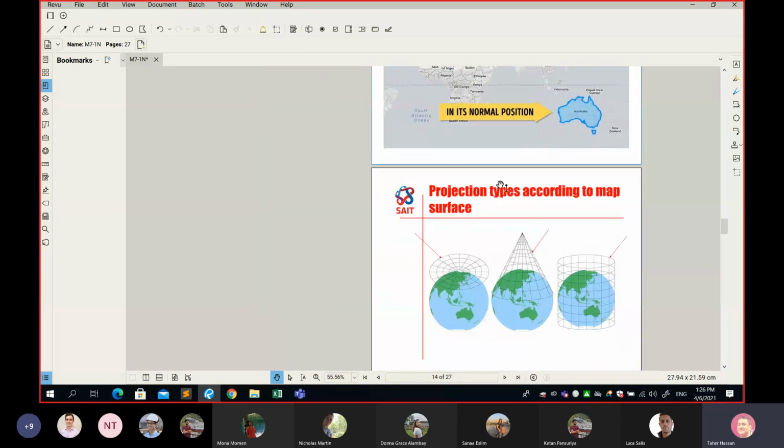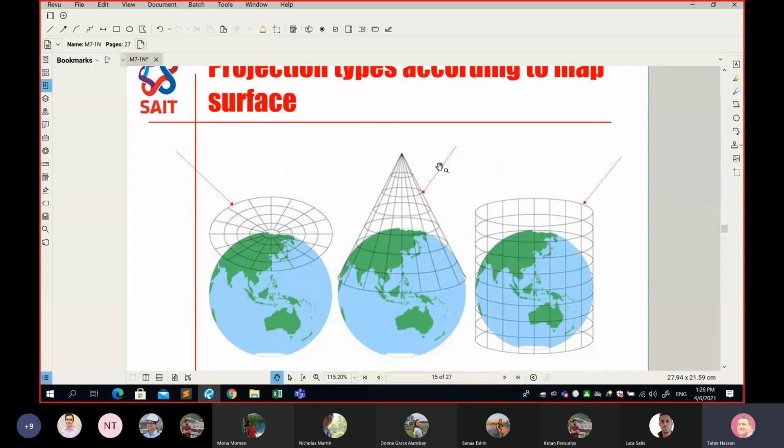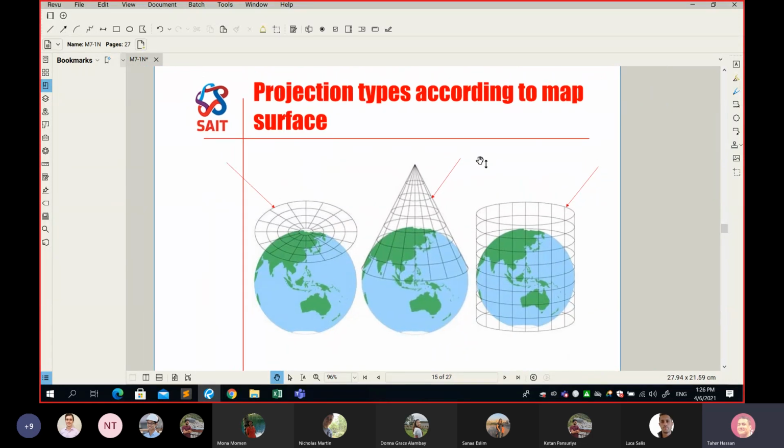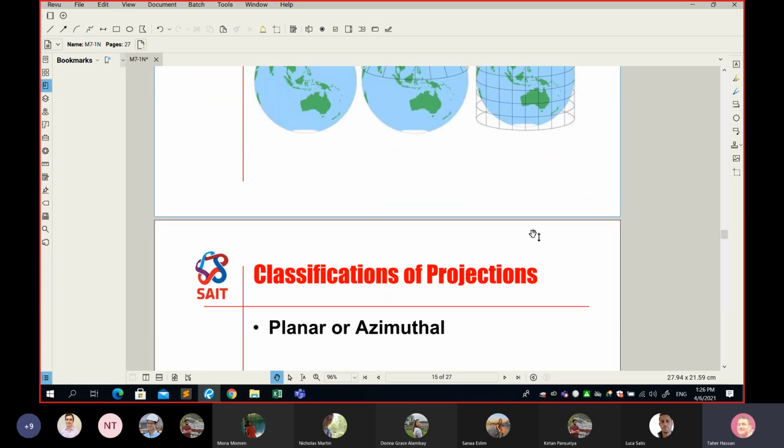The number of projection systems is really so many. Based on this discussion, we have planar projection, conical projection, and cylindrical projection. These are the major classifications of projection depending on the map surface.